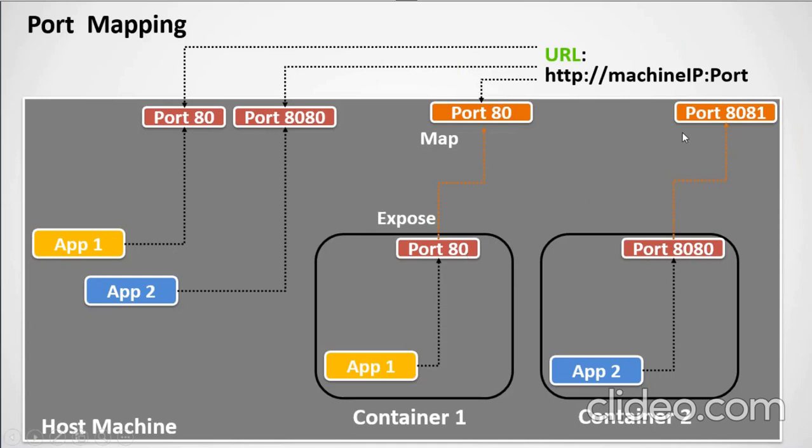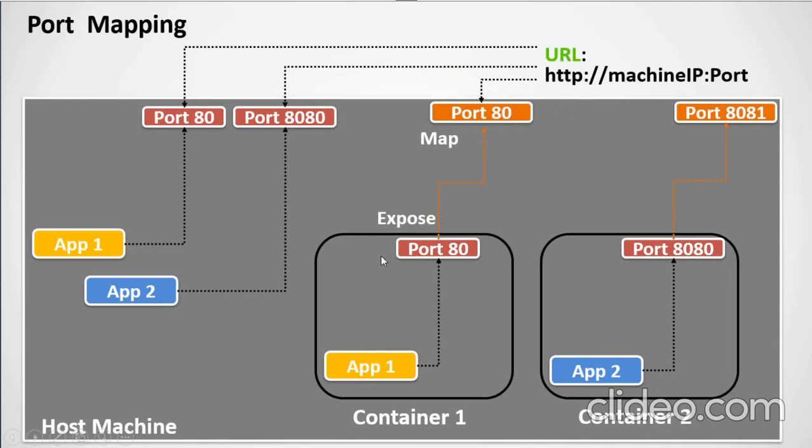But in this case, 8081 is what I have referred, assuming that 8080 is already taken by some other application, so you always have to map it unique. So on a host machine, a port will be used only once by one application. Two applications cannot map to a single port. Whether you are mapping it from a container or a direct application is running in the host machine, you will always have a unique port.